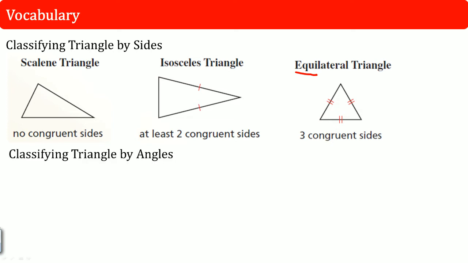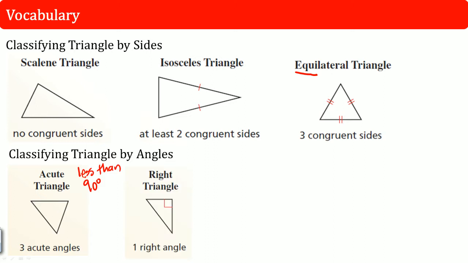Next, you can classify triangles by their angles. An acute triangle has three acute angles, and please understand that acute means it is less than 90 degrees. They can be right, which is one right angle, denoted by that box, which is 90 degrees.